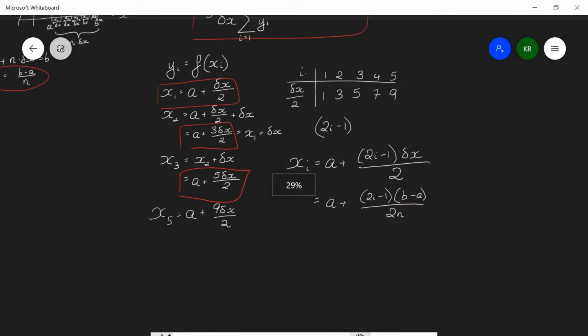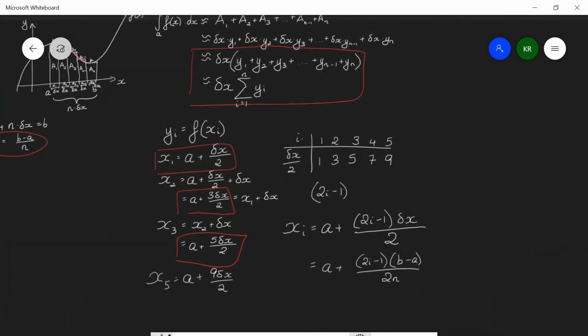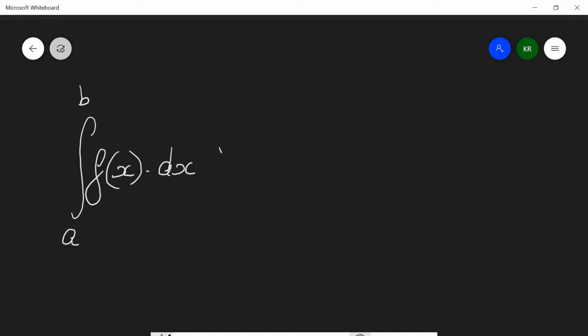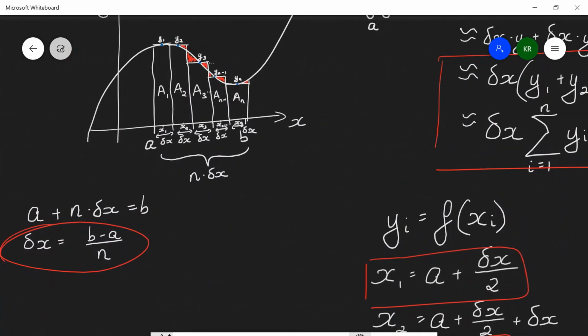Okay, so that gives us xi, and from xi you can generate yi, and from yi you can generate your approximation for the integral. So let me write it finally. It's like a final statement almost. The integral from some value of a to some value of b of some function f of x with respect to x can be approximated by the sum of all these rectangles underneath it, right?